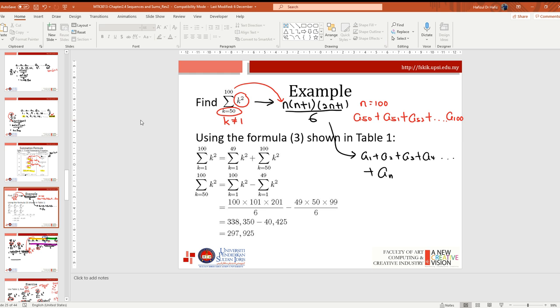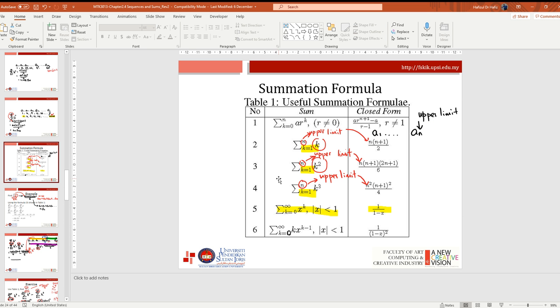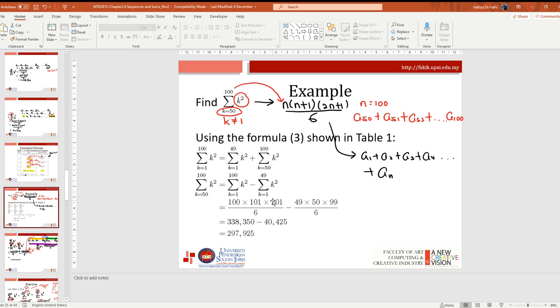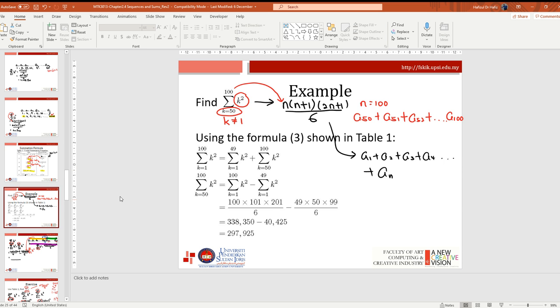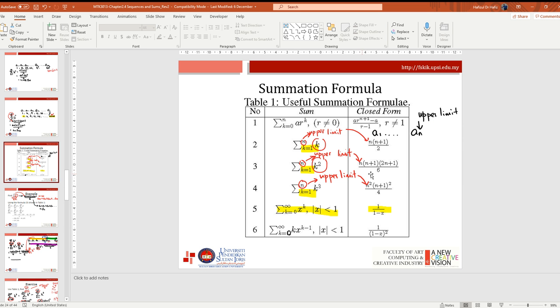Okay, this is another example using Table 1. We have the sum of k power of 2 using formula 3. Formula 3, we have the upper limit, k equal to 1, k power of 2. You can see it like this, minus, plus, and then 2n plus 1, k power of 2.